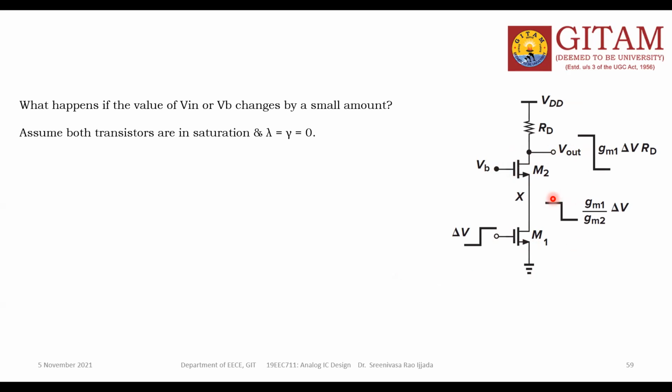But before that, this is X. X is the node which joins the M1 drain and M2 source. What amount of voltage change at this node X we need to find.